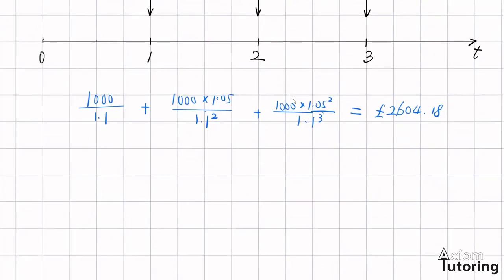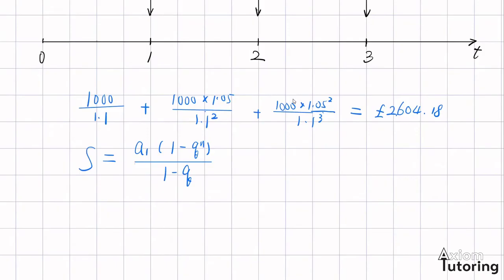Okay, so if you remember from our previous videos, the summation of a geometric series is simply a, which is the first term, times 1 minus q to the power of n, over 1 minus q. Okay, so if we just plug in the numbers here, we should get the same result.